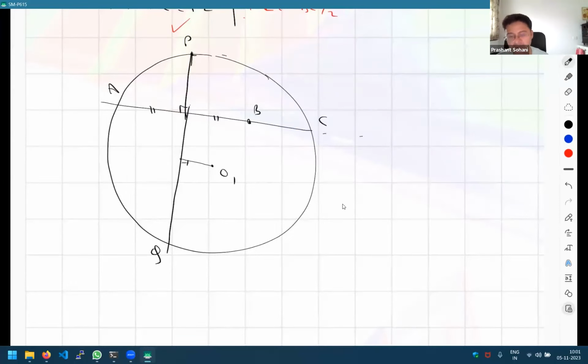This is a diagram which we know very well, just that we didn't recognize it. Can anybody recognize this diagram? The distance of O1 from the line PQ. If I call this point M.